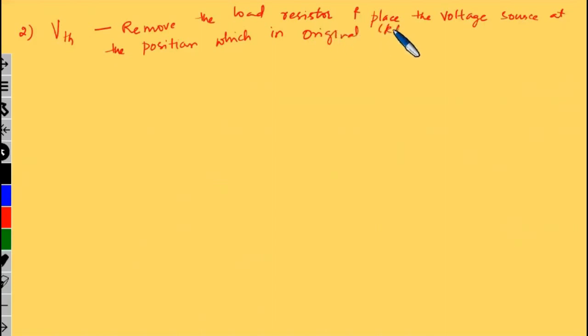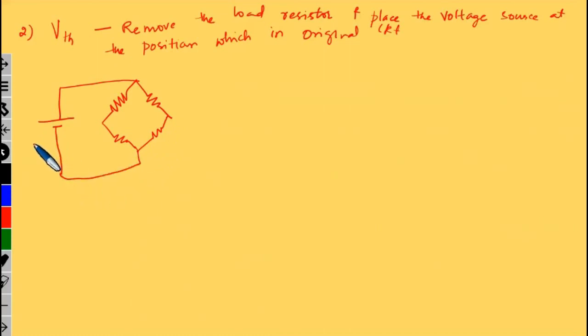That means I am just placing the voltage source as it is, and I am removing the load resistor. For the previous circuit, instead of placing a short circuit, now a voltage source is applied. What is the value of the voltage source? It is 10 volts.